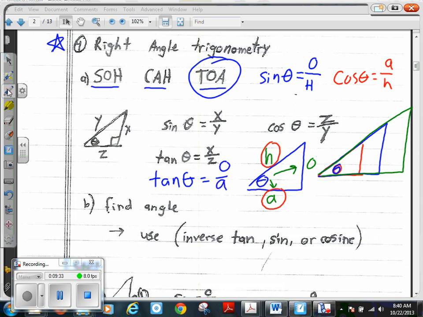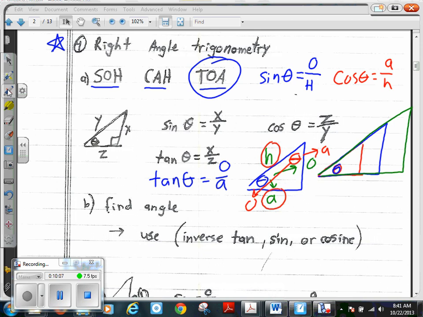Now this opposite and adjacent thing is according to the angle. So let's just say that this is theta. If I rename that, then this side is opposite, and this one is adjacent. So it always has to do with where my angle is. It's not like the right side is always opposite or the left side is always opposite. It's according to the angle.